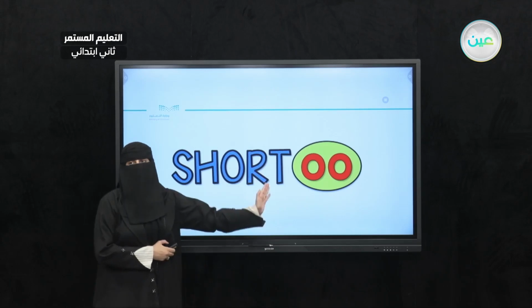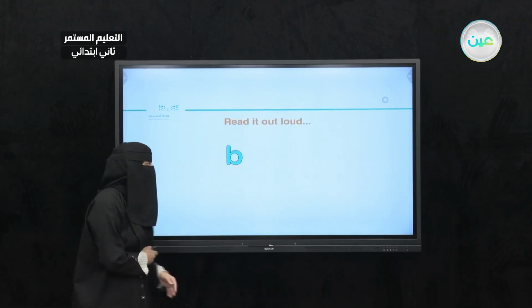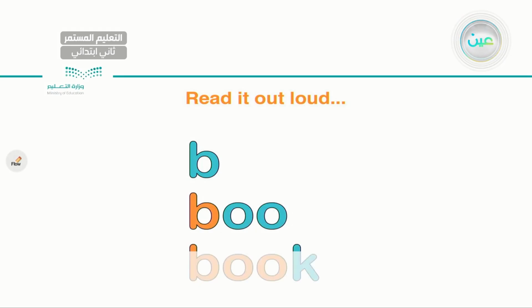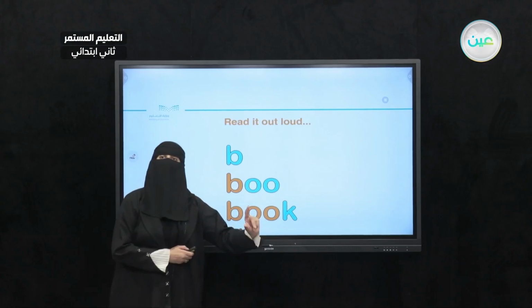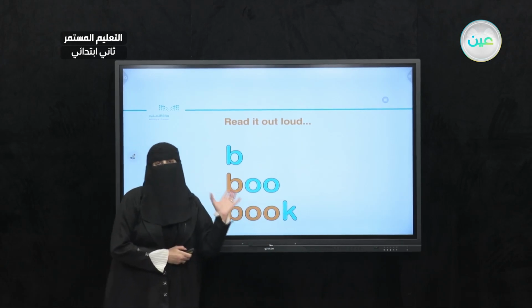How about the short O now? If I have short O, as in book, let's have more examples. Here I have double O, and I have book. Book. Okay, now, does it sound as in boot or tooth? No, actually they sounded shorter.